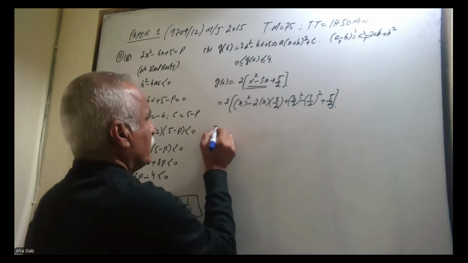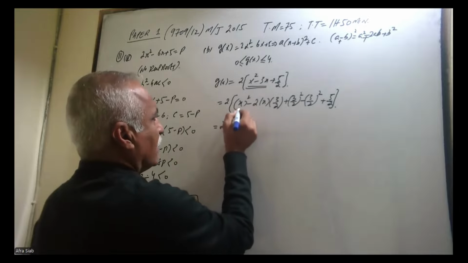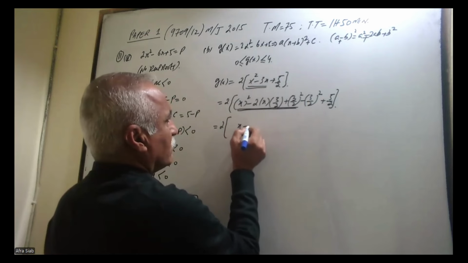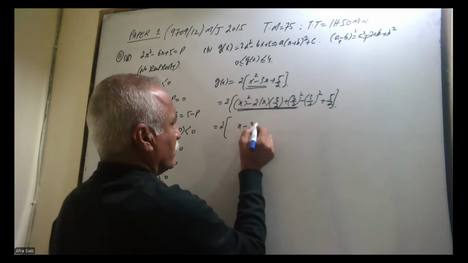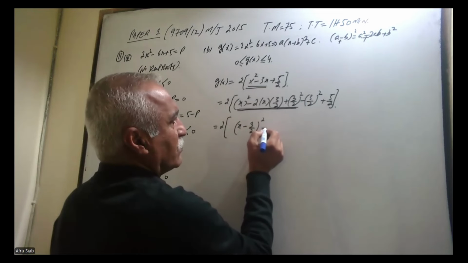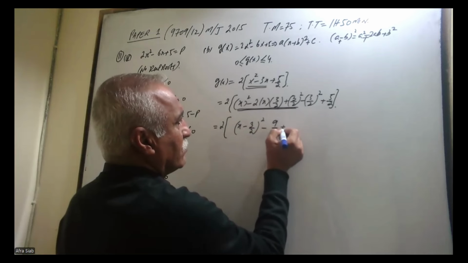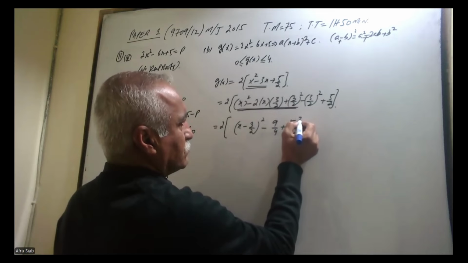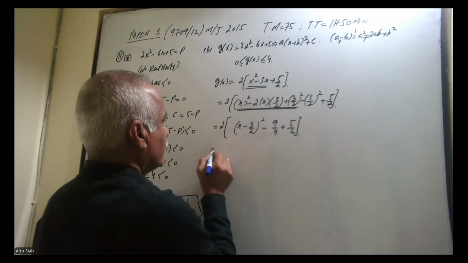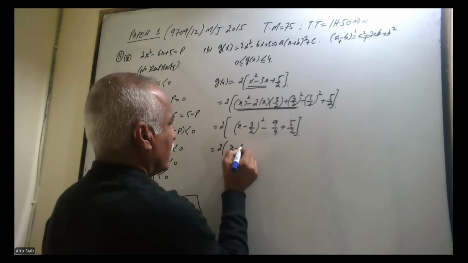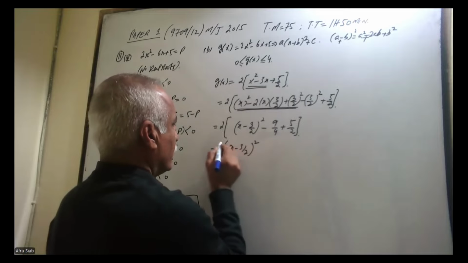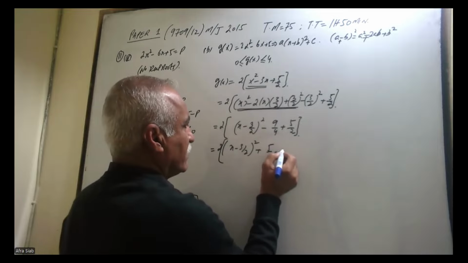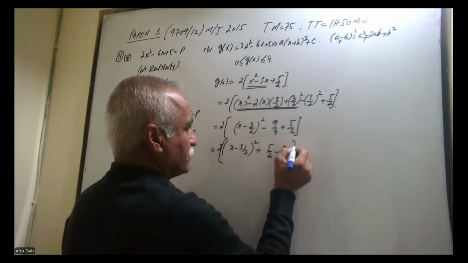So this is going to be equivalent to 2 into, up till here, x minus 3 over 2 whole square minus 9 over 4 plus 5 over 2. So that thing is equal to 2 into x minus 3 over 2 whole square plus 5 over 2 minus 9 over 4.